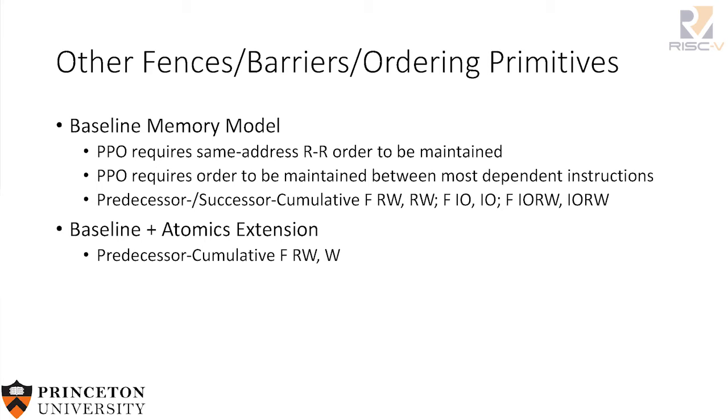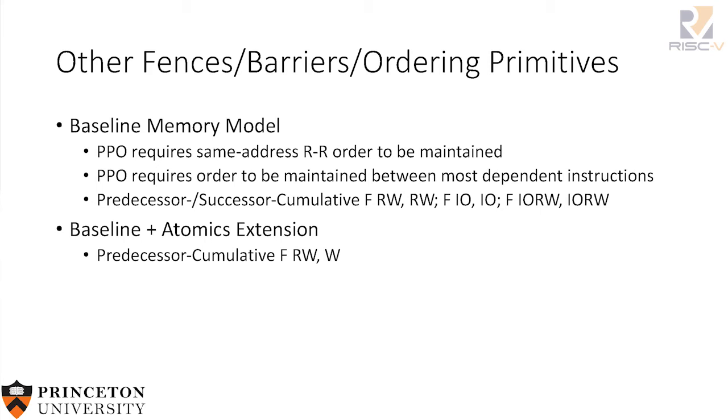I think I heard somebody mention it earlier, but Alpha is really the only known instance where dependencies are relaxed, and we believe that dependency ordering should be enforced by default, which would be the case in most simple implementations anyways. So we don't think it makes sense to pay the price of inserting extra fences to support dependencies.